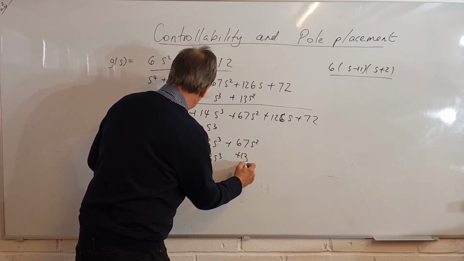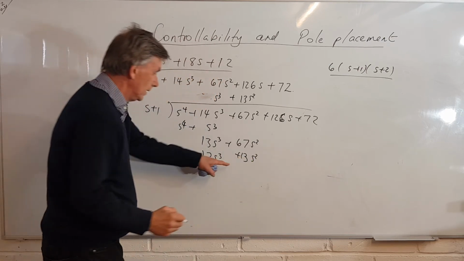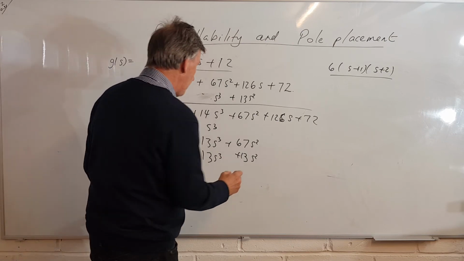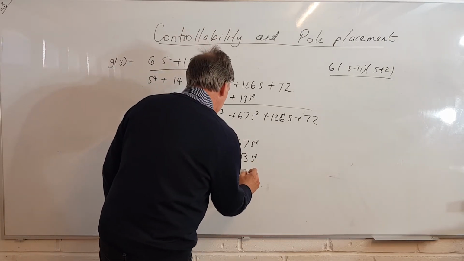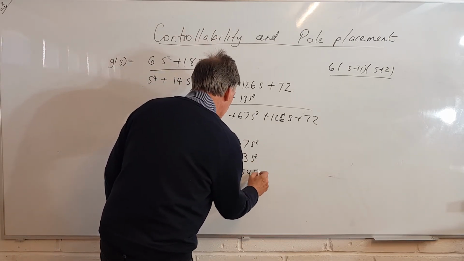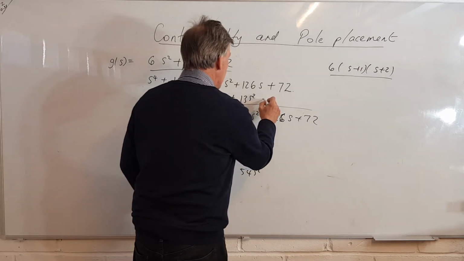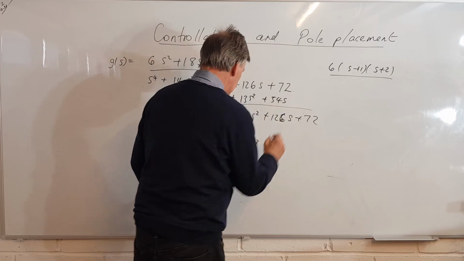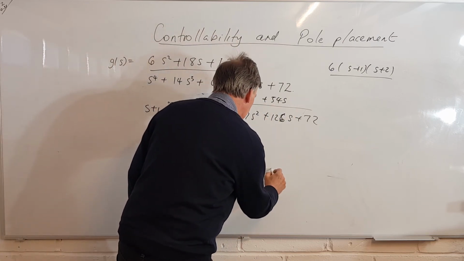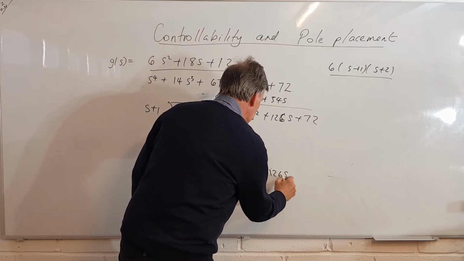And here we have 13s squared. Subtract these two, these disappear. That leaves us with 54s squared. So s into 54s squared goes 54s. So that can bring this one down, 126s.